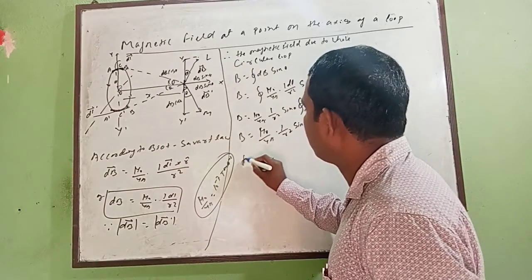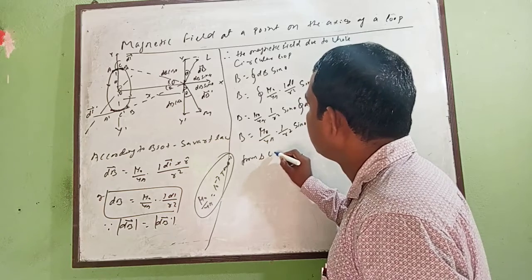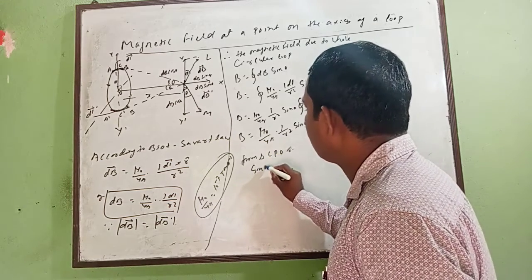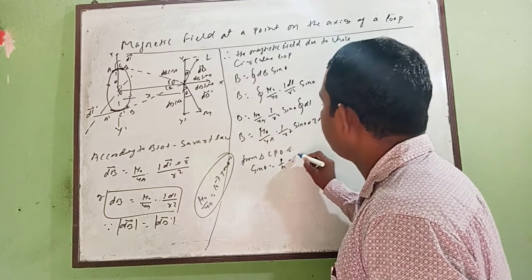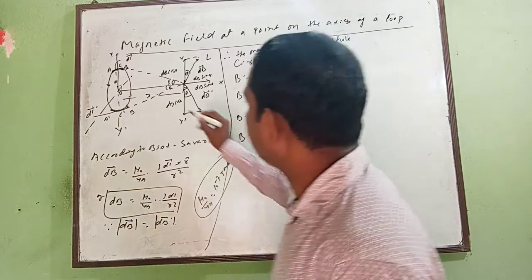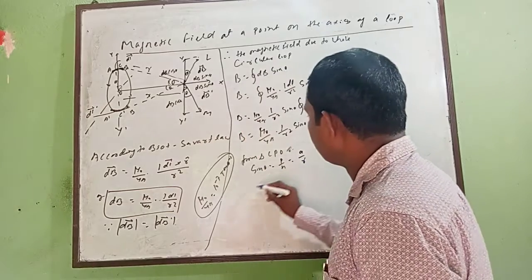Sin theta is equal to P by H, it means A by H. Suppose this is R.